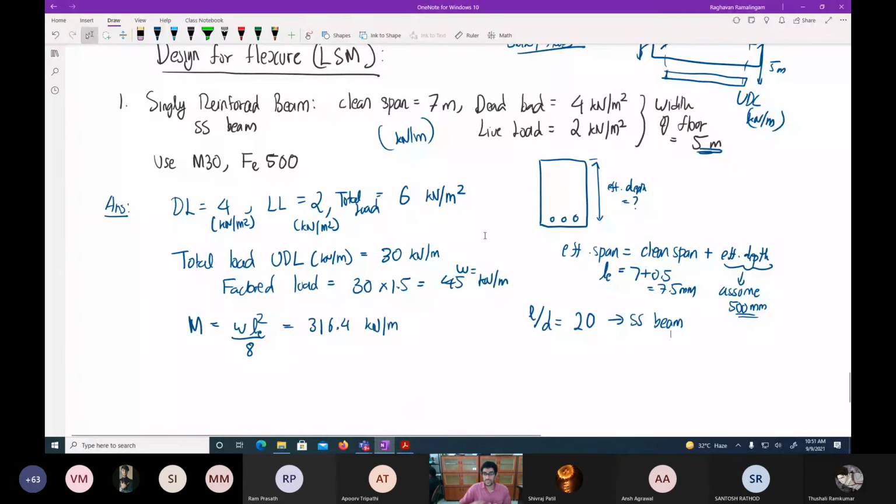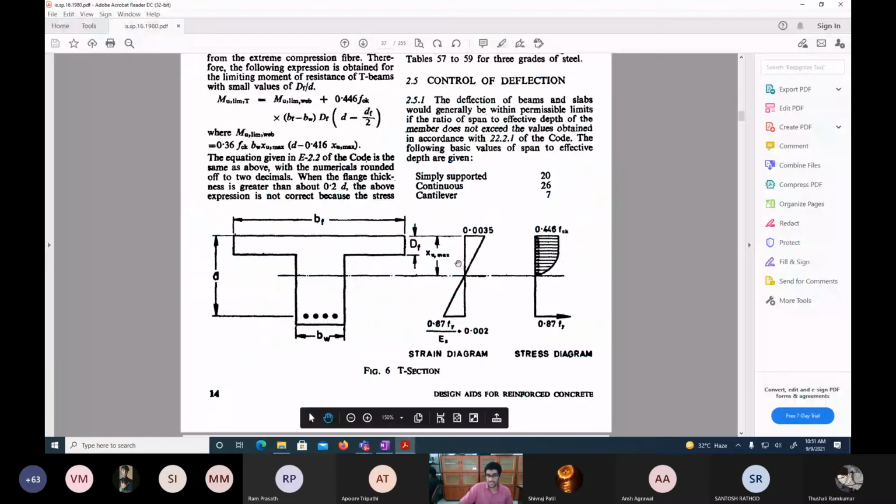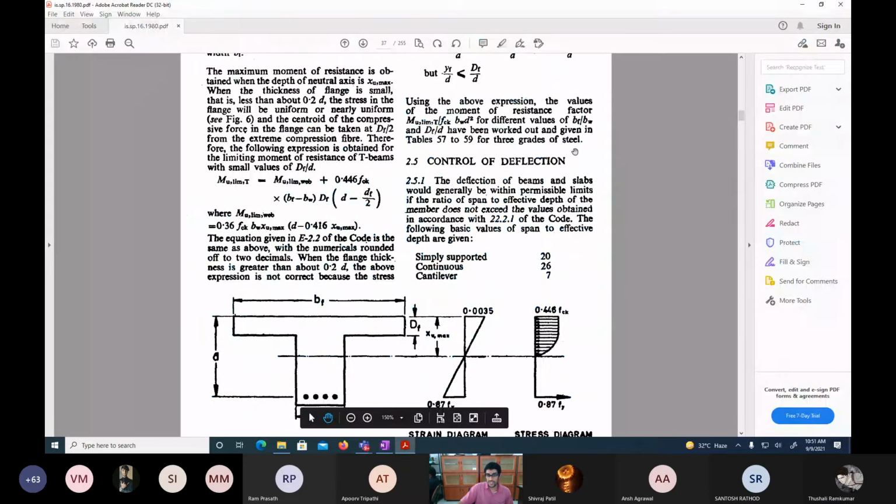So this span-to-effective-depth ratio, for simply supported it's 20. You can find this given in your SP16. I showed you this in the previous class also.